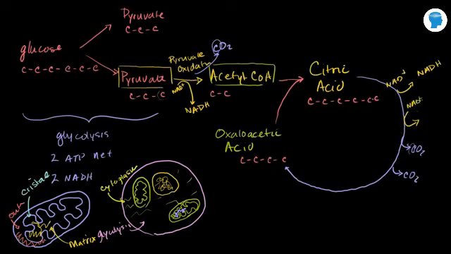Another NAD plus molecule will be reduced to NADH. Maybe we'll produce some ATP, some ADP will turn into ATP. Maybe we have some, and not maybe, this is what happens. Some FAD gets oxidized into FADH2.